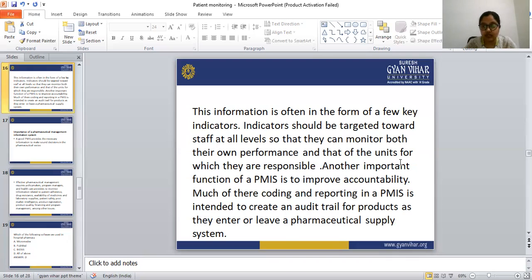With the help of the computer that becomes very easy. The PIS, the Pharma Information System, helps in inventory management by maintaining an internal inventory of all pharmaceutical products and providing an alert when the quantity of an item is below the required quantity.